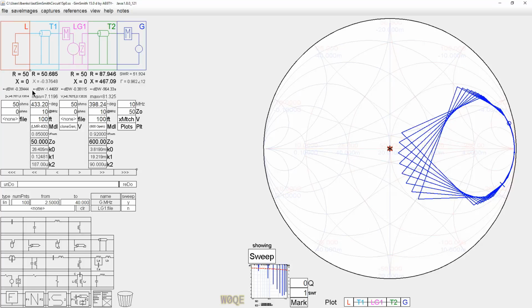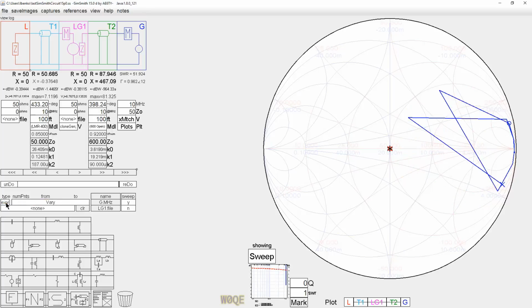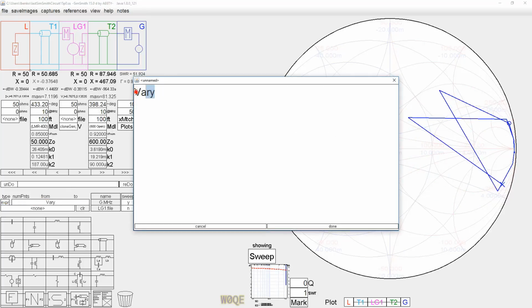Now what we need to do is pick a frequency range to look at this from. We'll go from 1.8 to 30 megahertz and 0.05 megahertz steps.